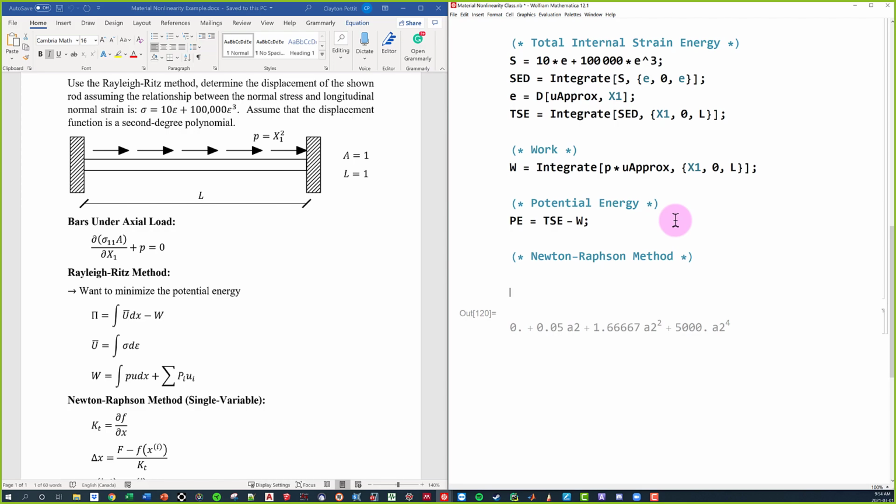For you guys in the chat, what is the equation we're trying to solve? Exactly, Oswald is correct. We're taking the derivative of our potential energy with respect to A2.